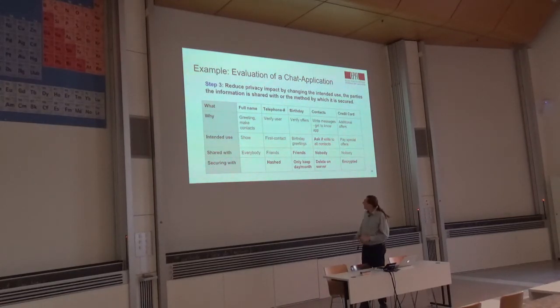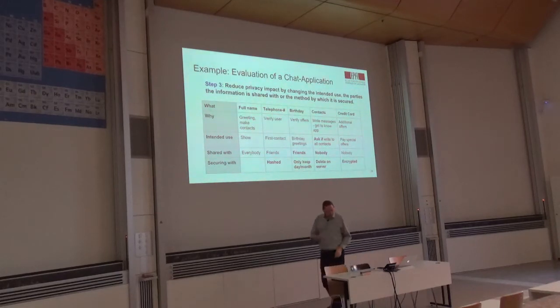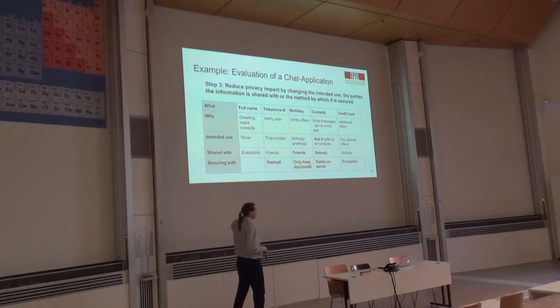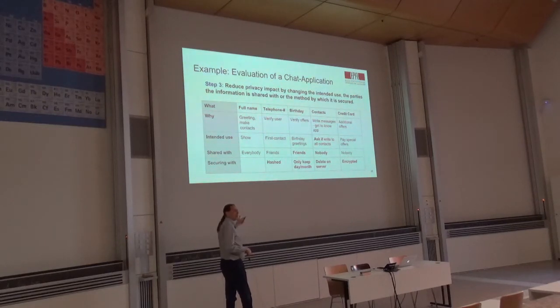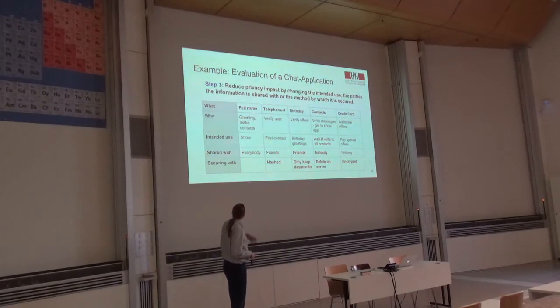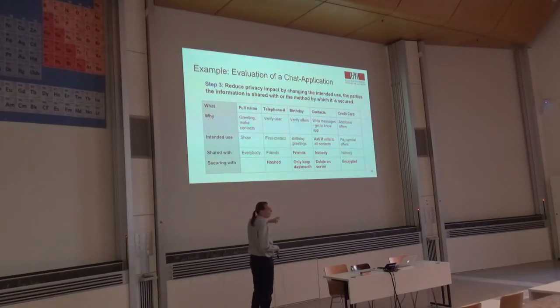And then we have to, of course, look at how these pieces of data are actually secured and stored securely. What practices can we use to minimize the harm if something bad happens? So if we decide we need to store telephone numbers at all, maybe we don't need the clear text telephone number.